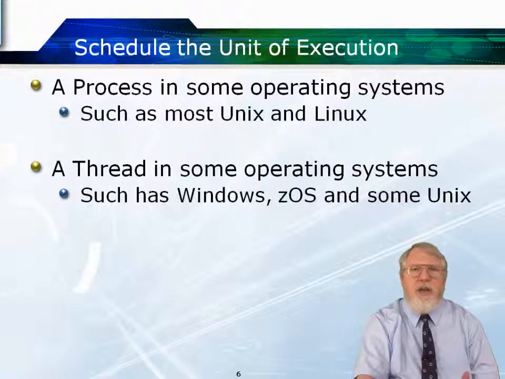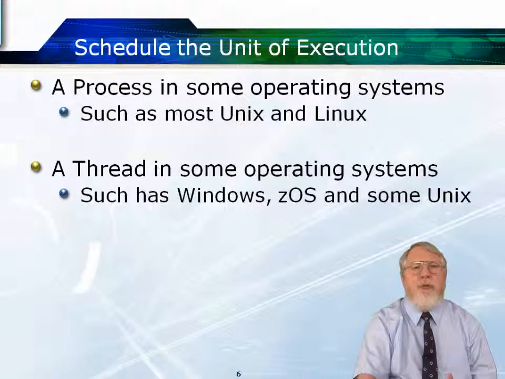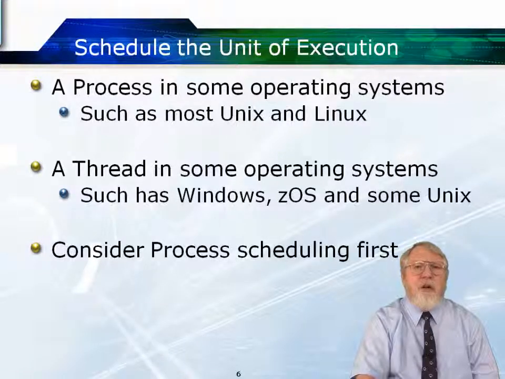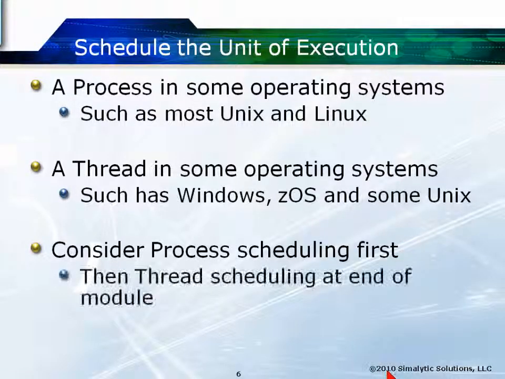Windows, z/OS, and some Unix implement threads at the operating system level. These are different than user threads. These are kernel threads. So we'll consider process scheduling first, and then after we've done that, we'll look at how that's different from thread scheduling and what thread scheduling really means.